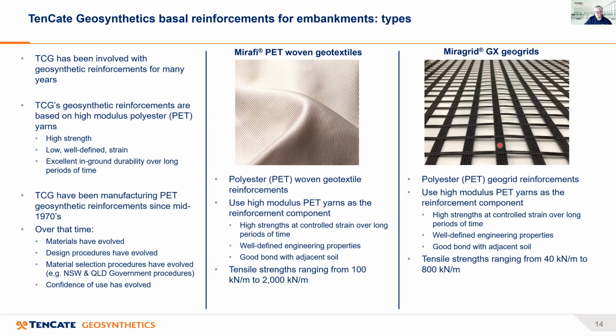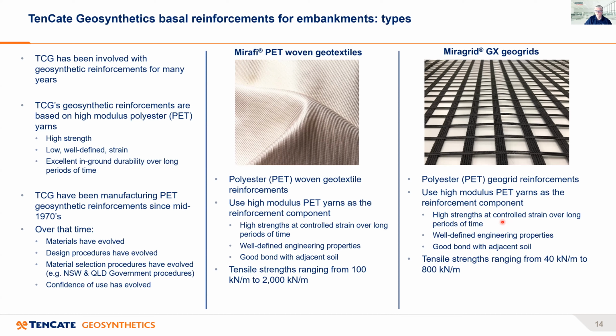But again, we make them in high strength, with controlled strains at long periods of time, and well-defined engineering properties. And again, they also perform good bond with the adjacent soil. We manufacture them in tensile strengths ranging from 40 kilonewtons per meter to 800 kilonewtons per meter. So there's a wide choice of these reinforcement products which can be provided.